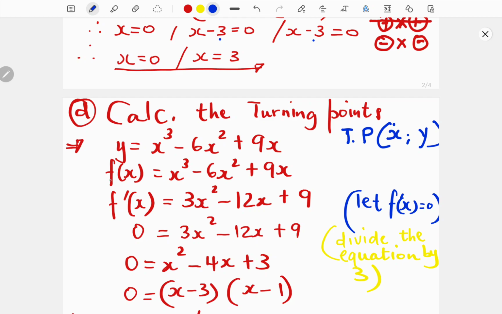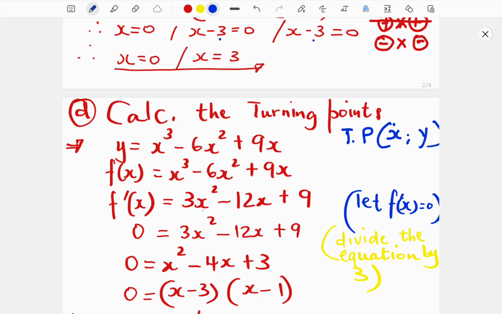The y is the same as f(x) = x³ - 6x² + 9x, which now we're going to differentiate. So we're going to use the method of differentiation to find the coordinates of the turning point. In fact, the value of x first. You must find the value of x by differentiating this equation.